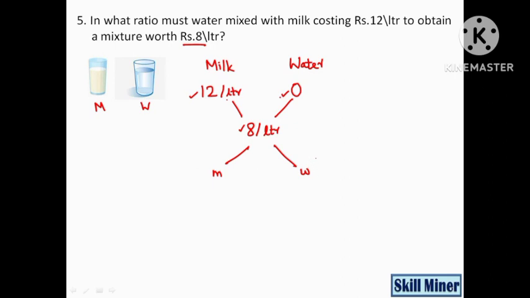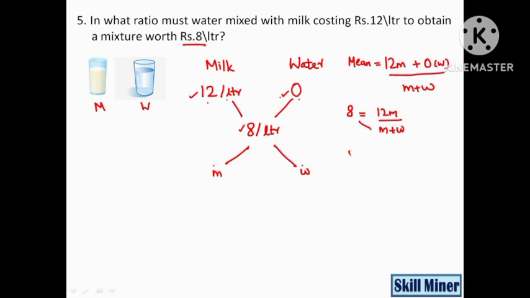Okay, we know that mean is equal to 12 into m plus 0 into w, divided by m plus w. We know that mean value is 8. 8 is equal to 12m divided by m plus w.